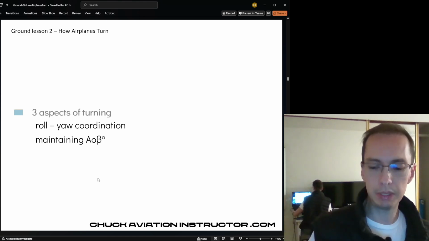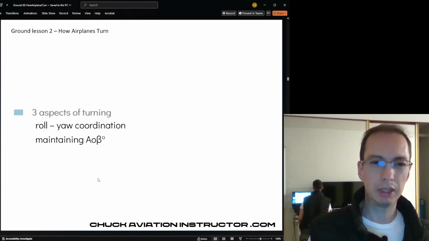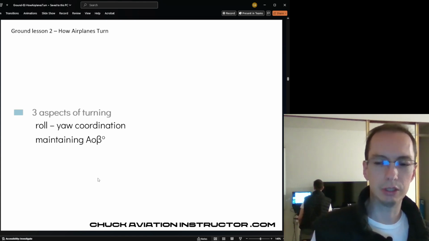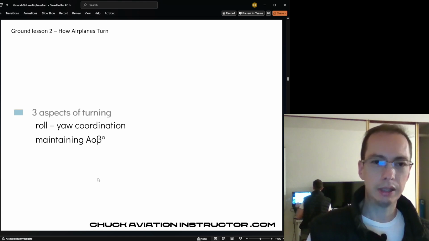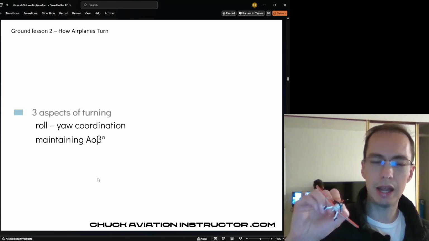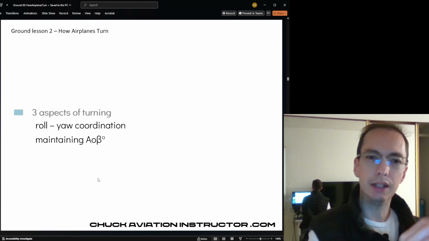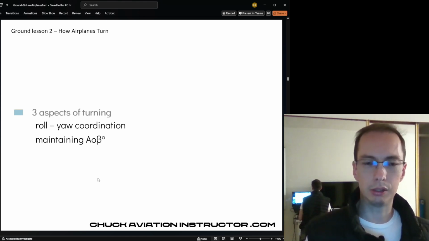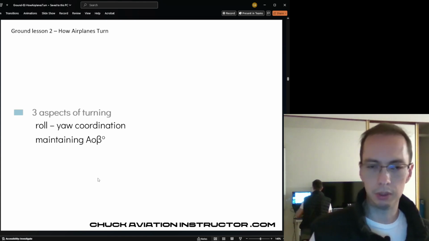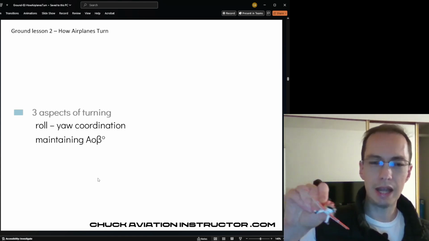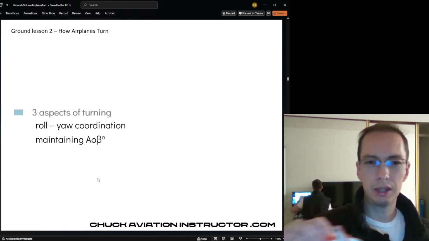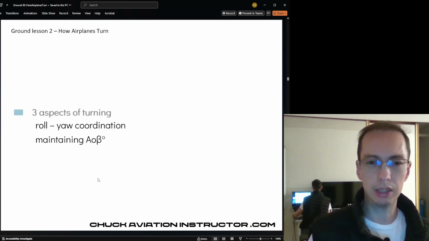And this can be a little bit misleading, because when we look at what the ailerons actually do, you're going to find out that the ailerons can get a little bit tricky. For now, let's just remember that maintaining a constant angle of bank is key to performing a good turn, because at a constant angle of bank, you can predict the other control pressures that you're going to need.